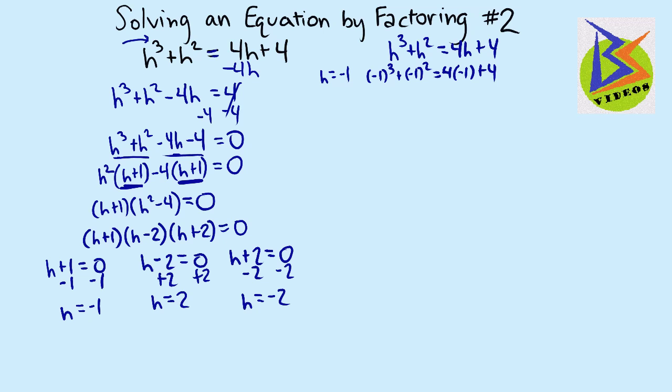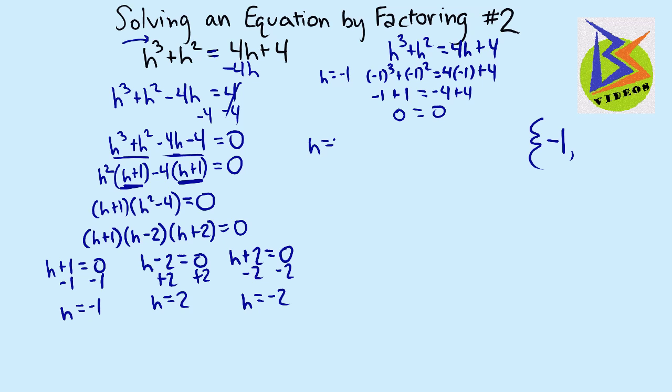So negative 1 cubed is a negative 1 plus negative 1 squared, which is a positive 1. 4 times negative 1 is a negative 4 plus 4. So you get 0 equals 0. That is a true statement. So we can come over here then, we'll start our solution set. Negative 1 is a solution.